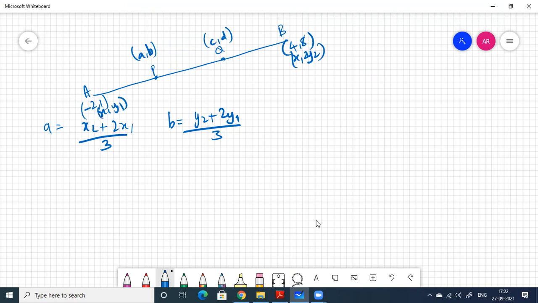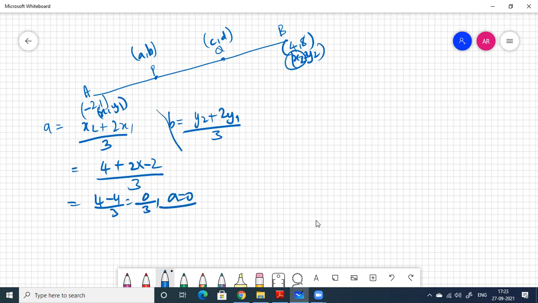What is x2? x2 is 4, plus 2 into x1, where x1 is minus 2, divided by 3. That is equal to (4 minus 4) divided by 3, which is 0 by 3. So A is equal to 0.